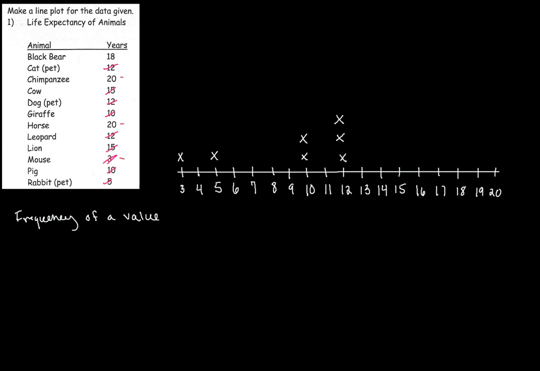They have a life expectancy of 15, so we'll put 2 x's above 15. 16, 17, 18 is our next value. This black bear has a life expectancy of about 18 years, so I'm going to put 1 x above our 18. And then we have 2 more animals, the chimpanzee and the horse, that have a life expectancy of 20 years.